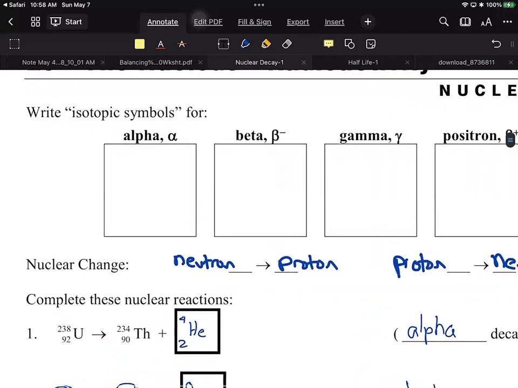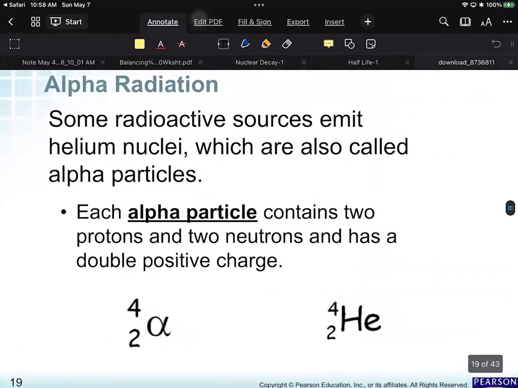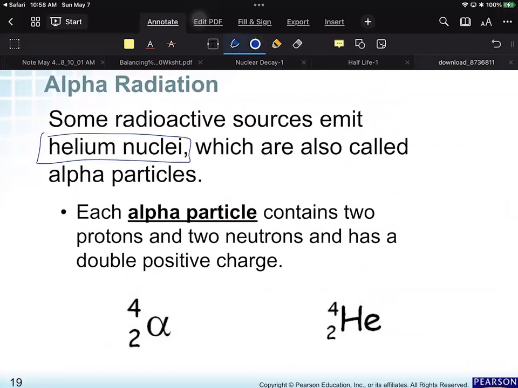So number one is to write the isotope symbols for alpha. Alpha radiation emits helium nuclei, which are also called alpha particles, and this is what it looks like.